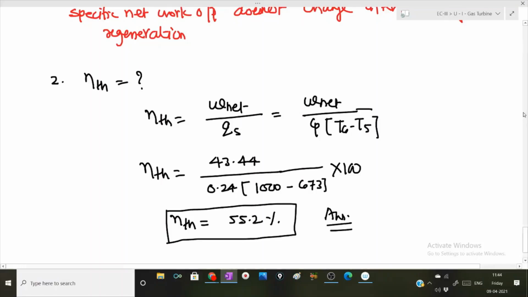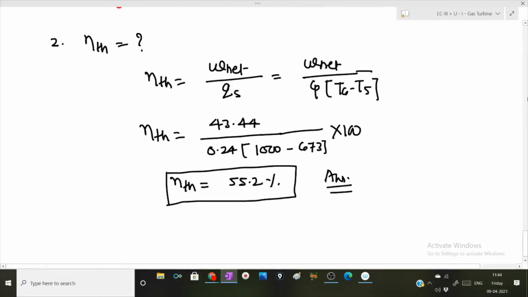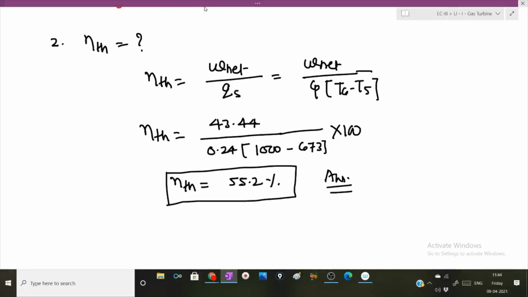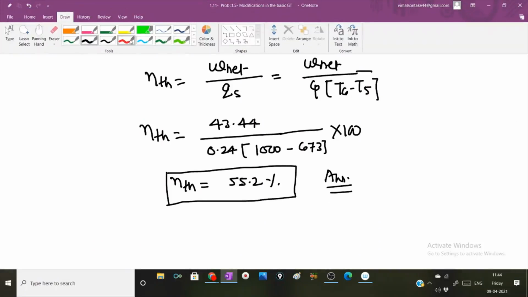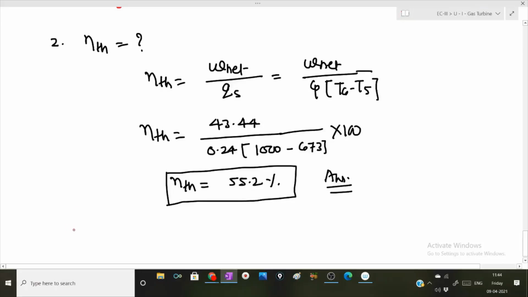So after regeneration, thermal efficiency has increased to 55.2%. Once again, I have to compare it with reference to the basic cycle. So percentage increase in eta thermal due to regeneration.